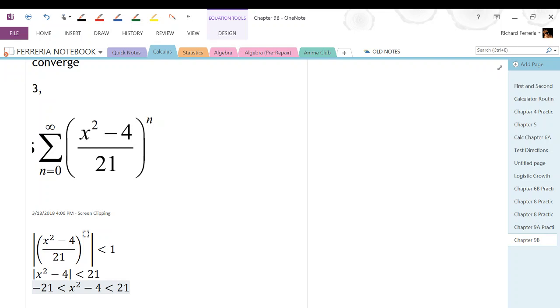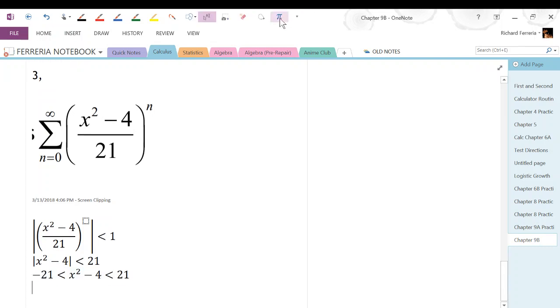Yeah, we're going to add 4 to both sides. When we add 4 to both sides, what do we got? Negative 17 is less than x squared is less than 25.